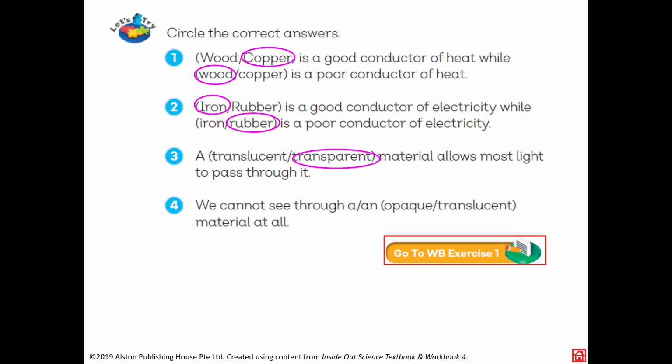We cannot see through an opaque or translucent material at all. We cannot see through an opaque object, okay? Because you cannot see the other side of an opaque object.